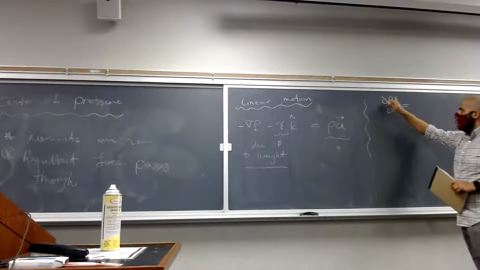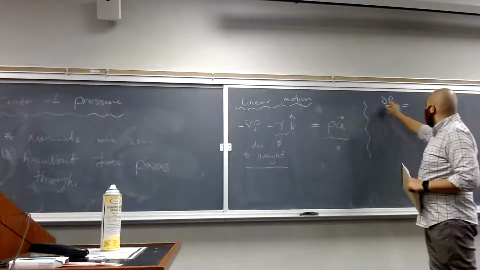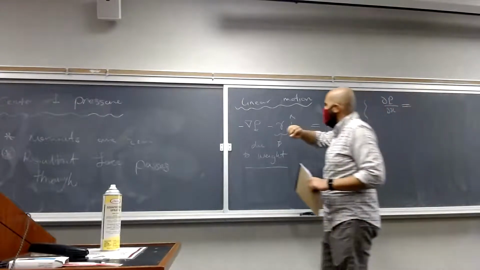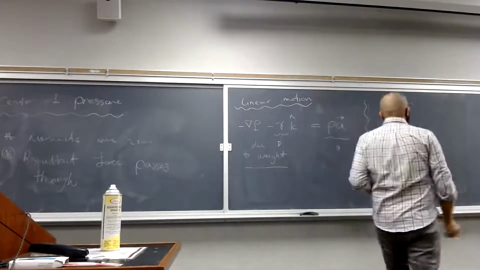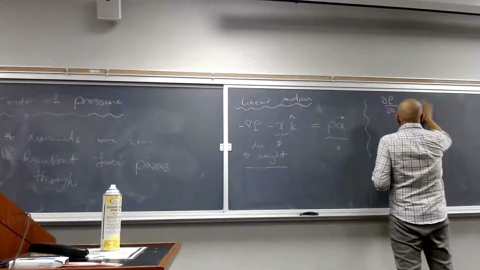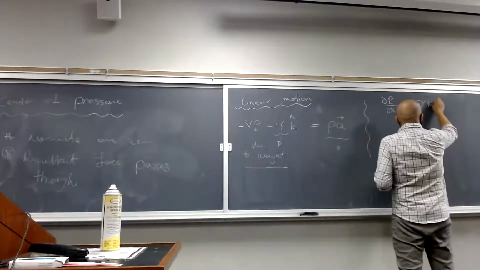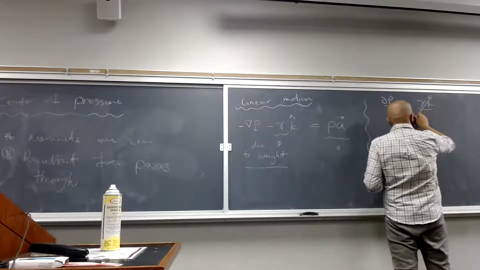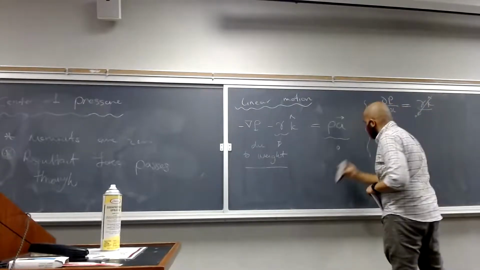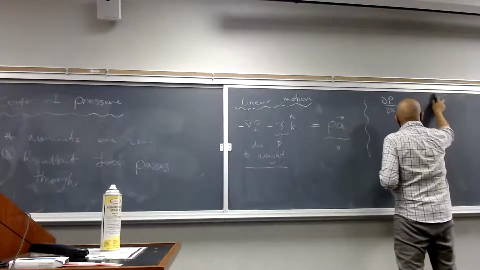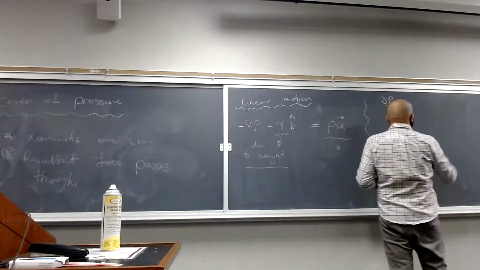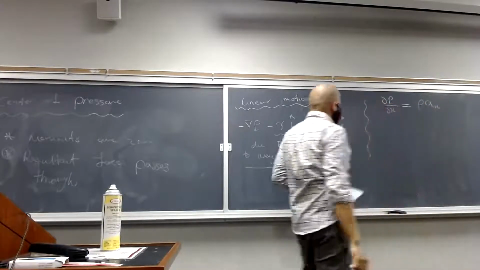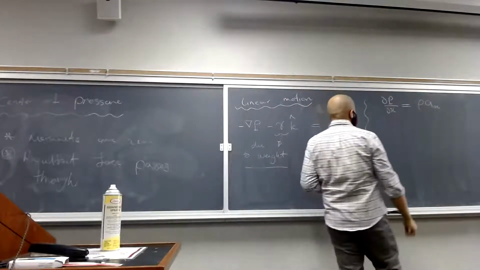So partial p, partial x, the gradient of pressure, in the x direction is going to be equal to gamma k, but we only have gamma in the k direction, so this is not present in the gradient of x. Just write it down to make sure you are clear. It is going to be equal to negative rho a of x.